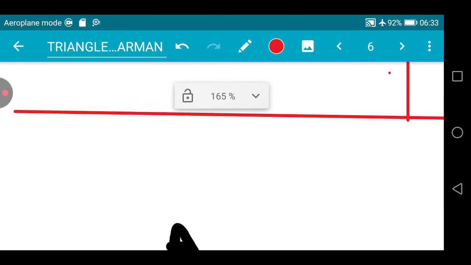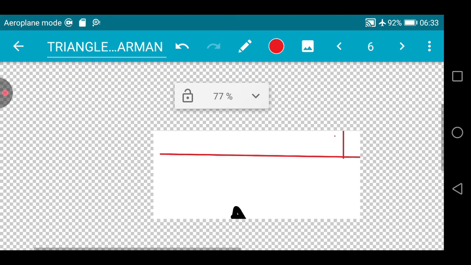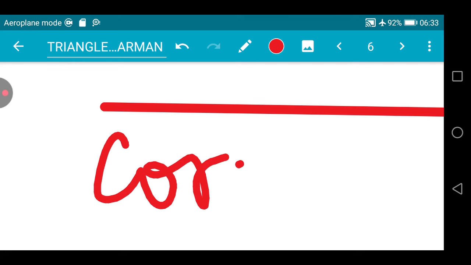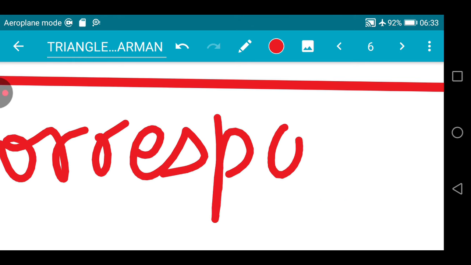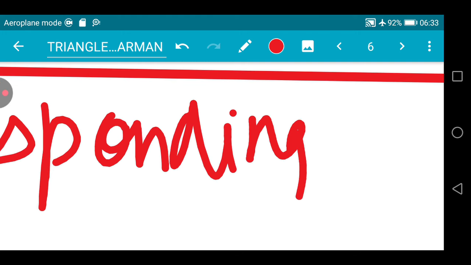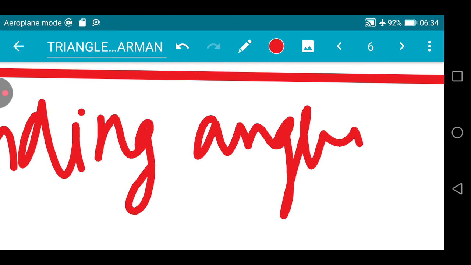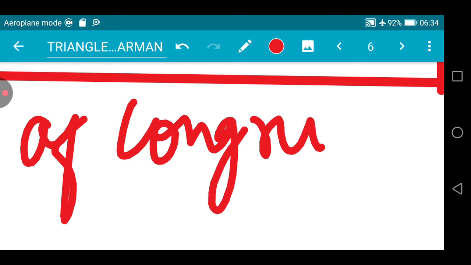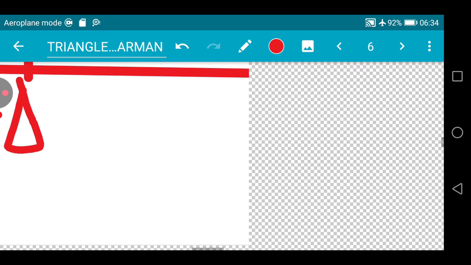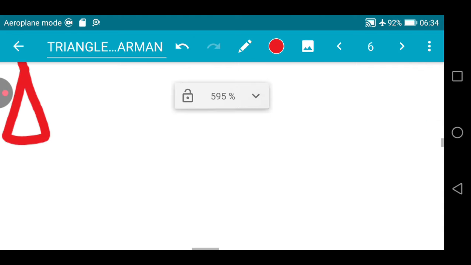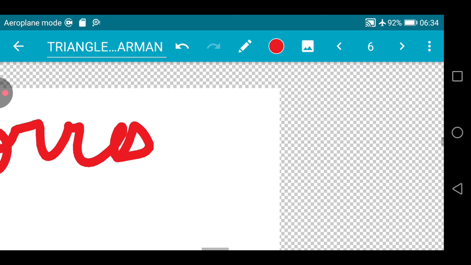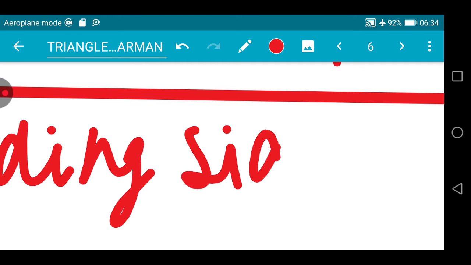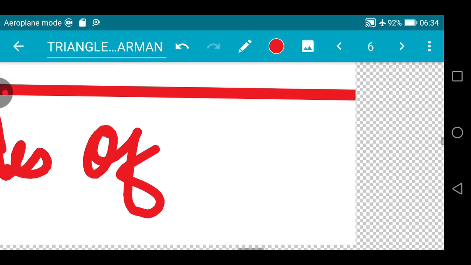That these are corresponding angles of congruent triangles, and these are corresponding sides of congruent triangles.